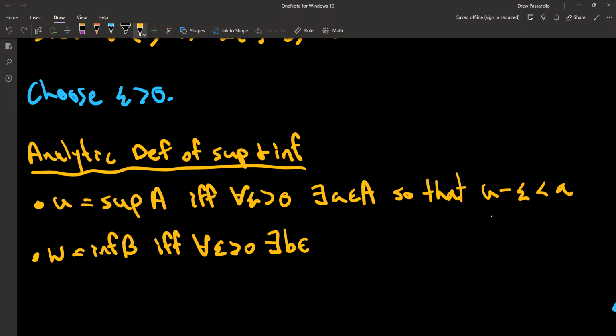So W equals the infimum of some set B if and only if for all epsilon, there exists some element b in capital B, so that essentially W plus epsilon is not a lower bound. So that means that W plus epsilon is greater than this element b. All right, so that's just using the analytic definition of sup and inf, and we're going to use that to our advantage.